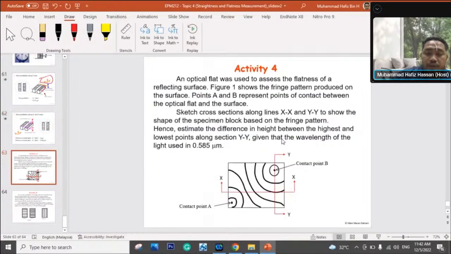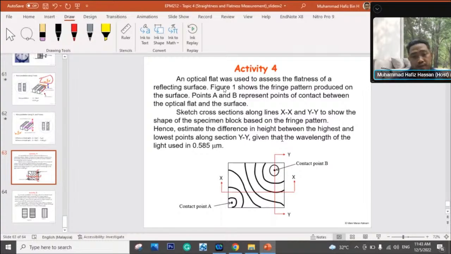I told you before that the wavelength will be given and you have to count the number of fringe. So the question you will do is: figure one shows the fringe pattern produced on the surface. Point A and point B represent the contact between the optical flat and the surface.